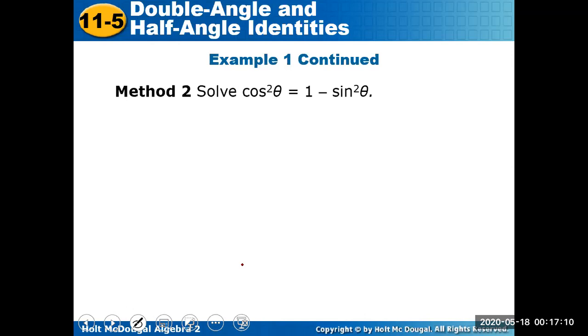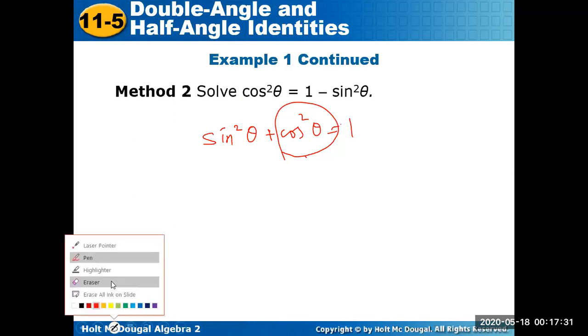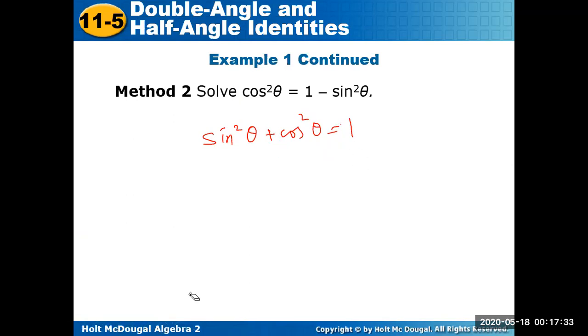identity. The first identity I think you learned last term in trigonometry: sine square theta plus cosine square theta equals 1. So I need to find cosine theta. Keep this one on this side and take the sine square theta to the other side.